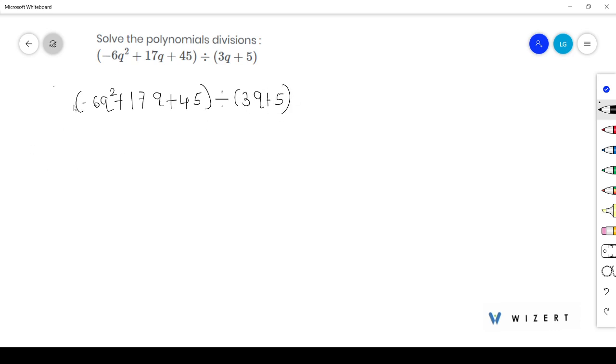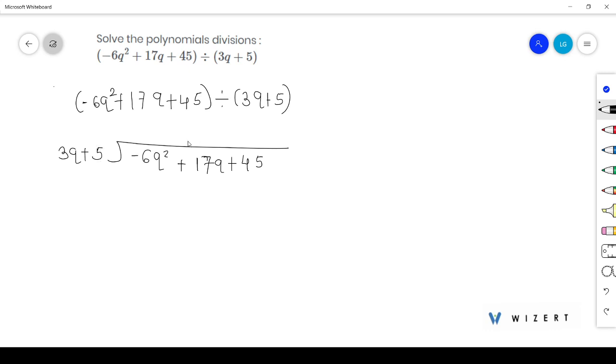Okay, now do that division. Minus 6q square plus 17q plus 45 divided by 3q plus 5.